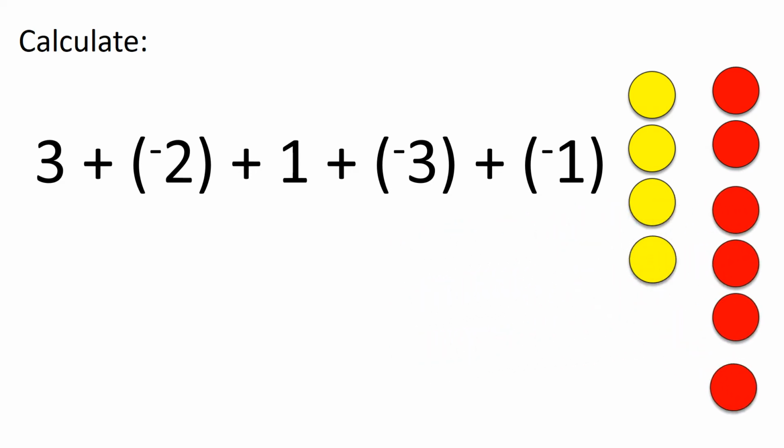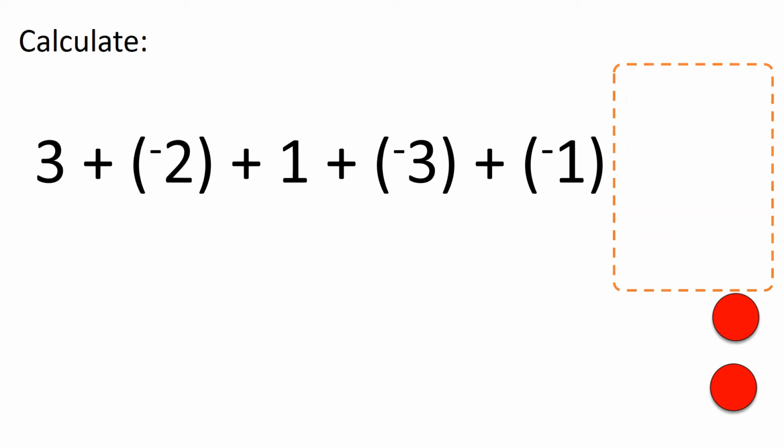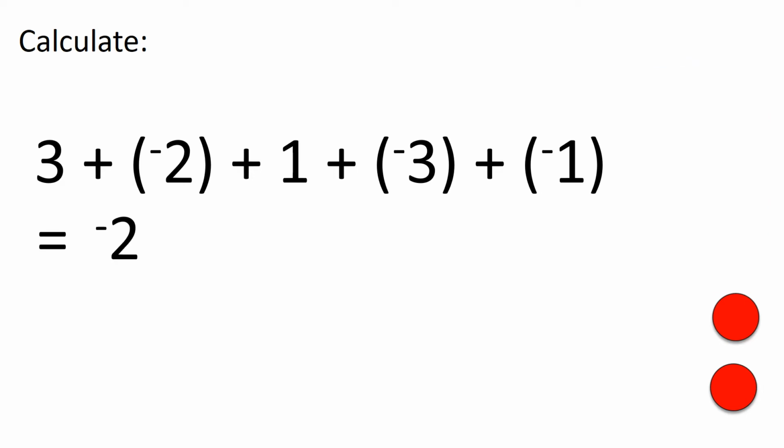In doing so, it makes it much cleaner and simpler to see the zero pair. That's really the one calculation that I need to do. There we have 4 zero pairs and the answer is -2.